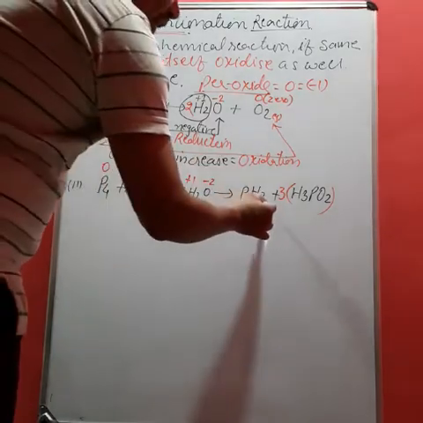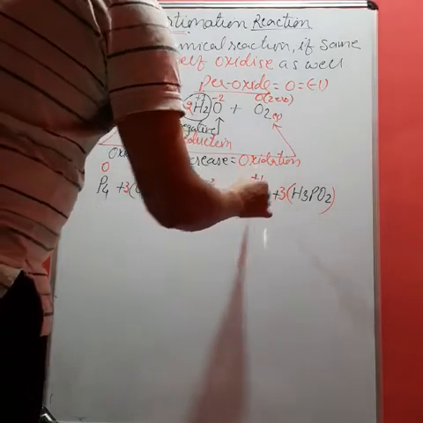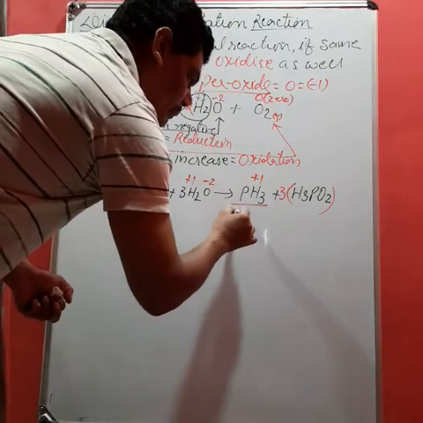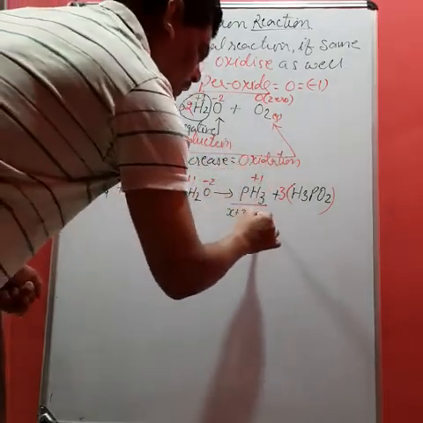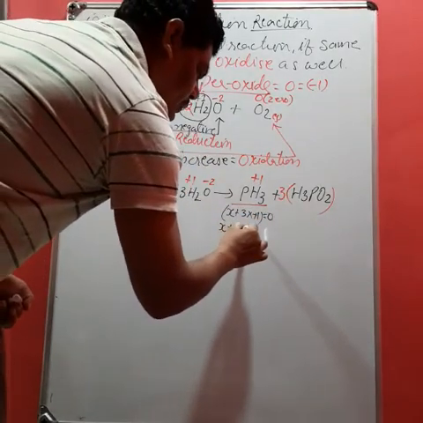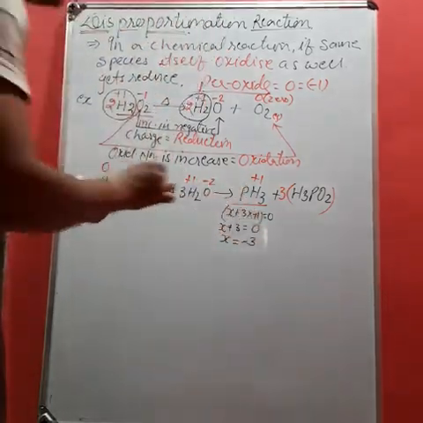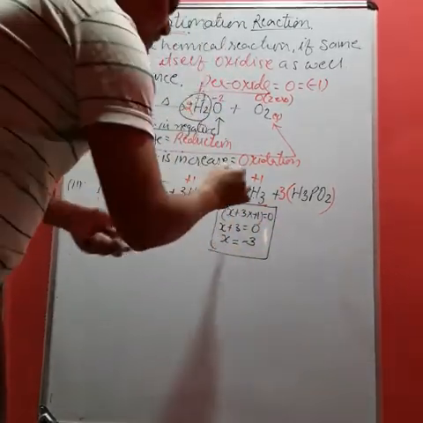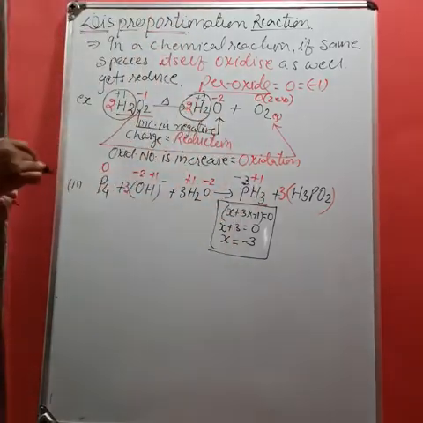In PH3, the oxidation state of hydrogen is +1. So let the oxidation state of phosphorus be X. Then X plus 3 into +1 is equal to 0. So X plus 3 is equal to 0, so X is equal to -3. You can do this activity. So the oxidation state of phosphorus here is -3, isn't it?